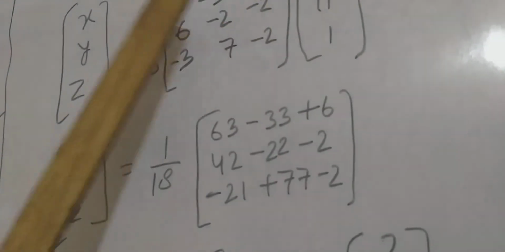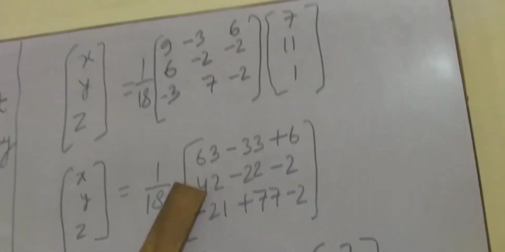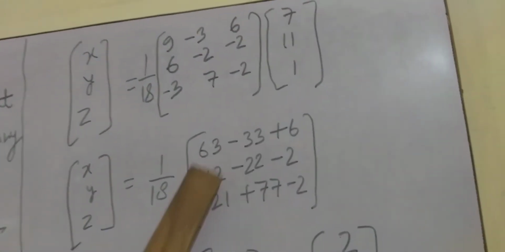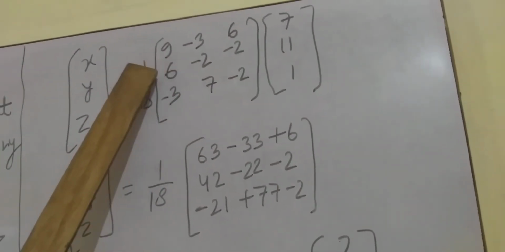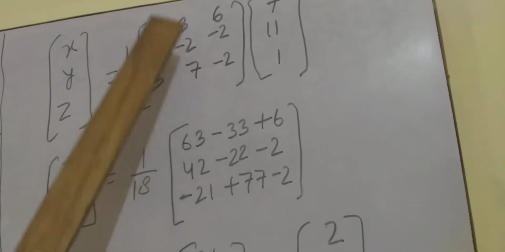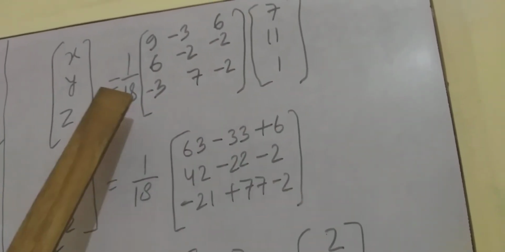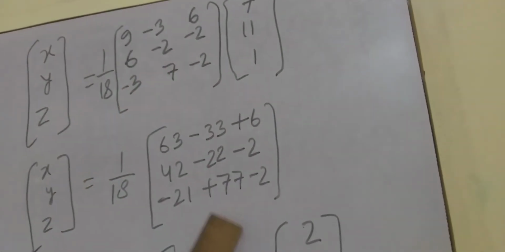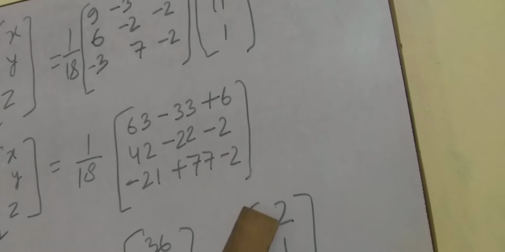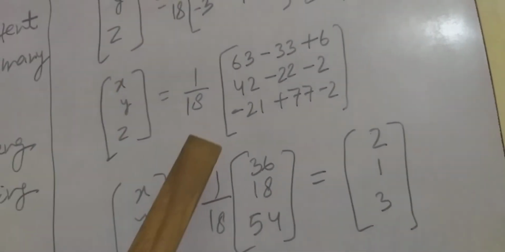Okay students, let us multiply first row, first column: 63 minus 33 plus 6. Second row, first column: 42 minus 22 minus 2. Third row, first column: minus 21 plus 77 minus 2. So students, 1 upon 18.